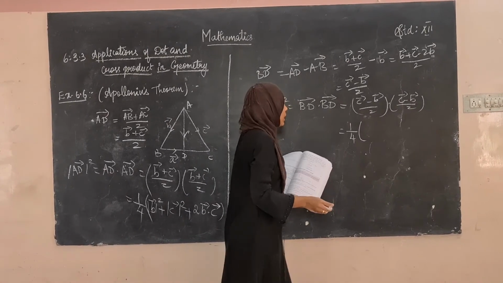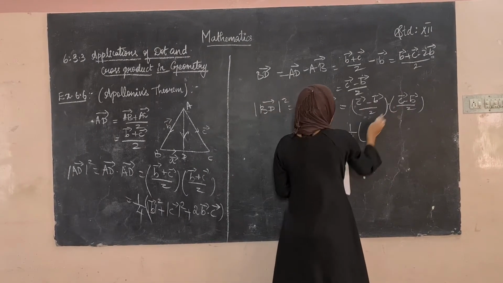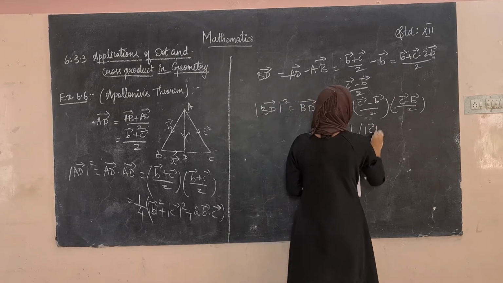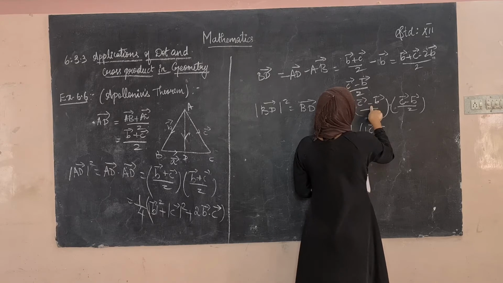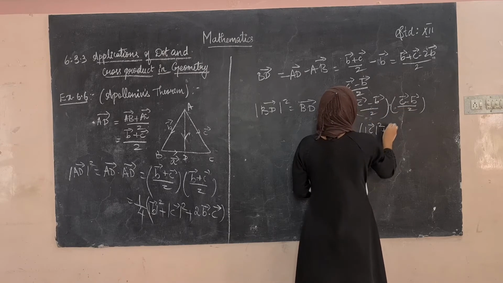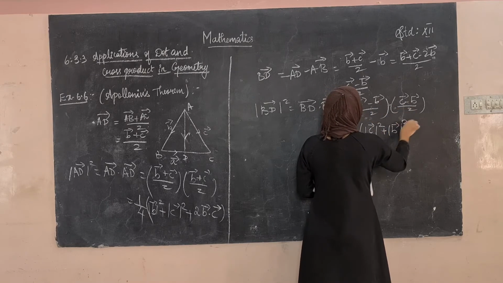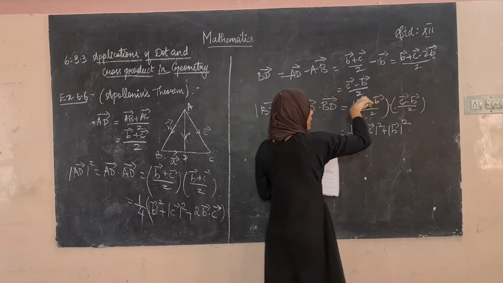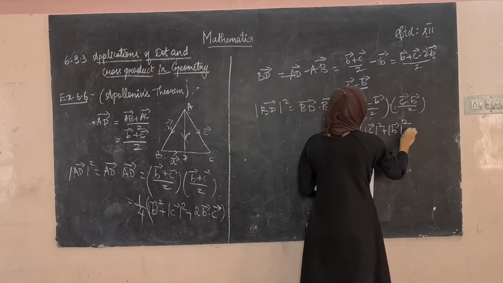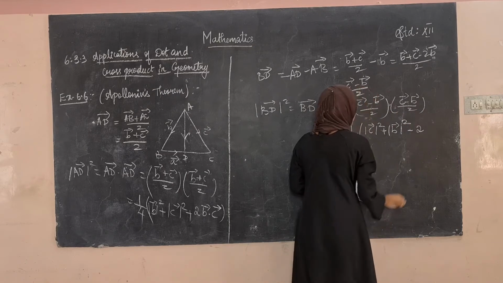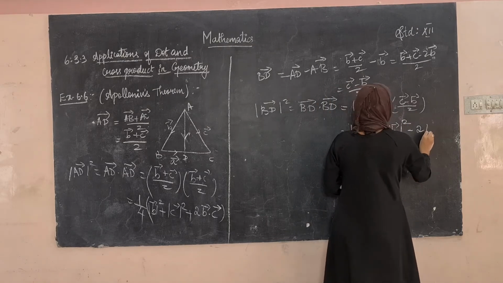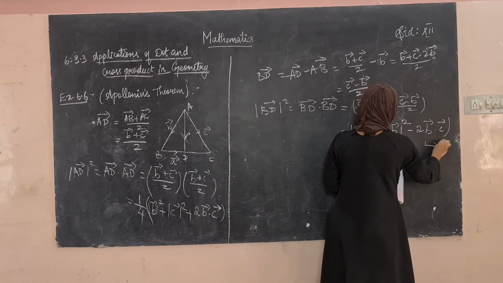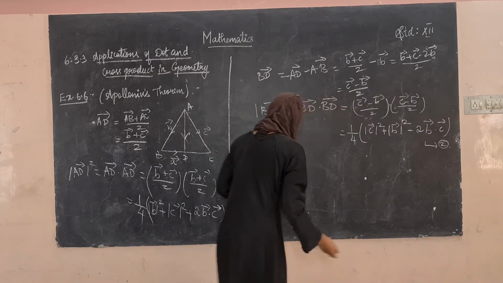So 1 by 4 into C vector dot C vector, which is modulus of C vector the whole square, minus B vector into minus B vector is plus modulus of B vector the whole square. Okay, so this is minus C vector into B vector, minus B vector dot C vector, it becomes minus 2 into B vector dot C vector. Okay, let us take this as 2 and this as 1.